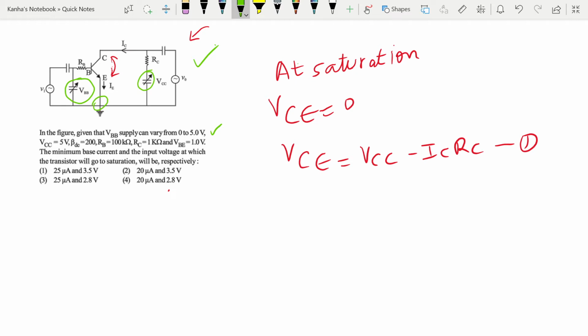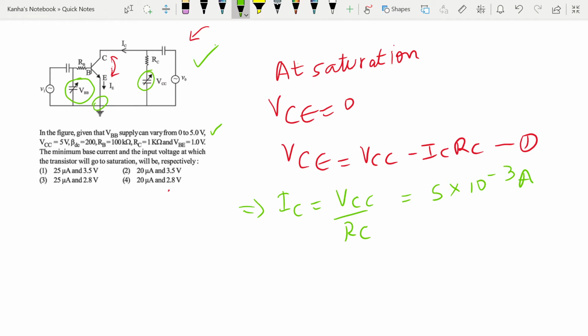So using the loop rule, in the second loop, I can write VCE is equal to VCC minus IC RC. From this I can easily write IC is equal to VCC by RC, which is 5 into 10 raised to the power minus 3 ampere.